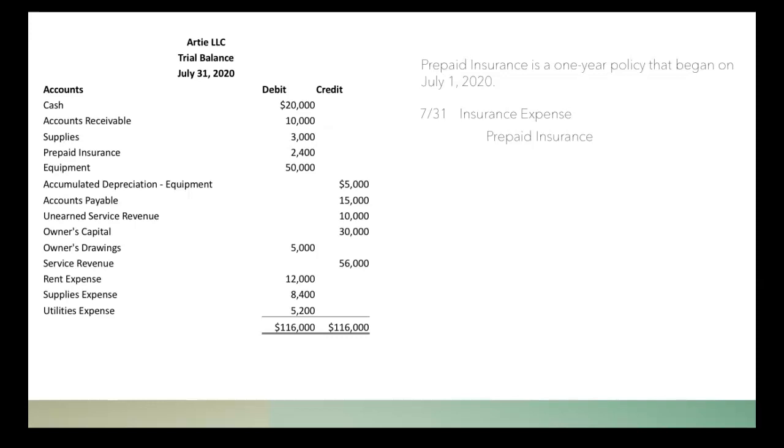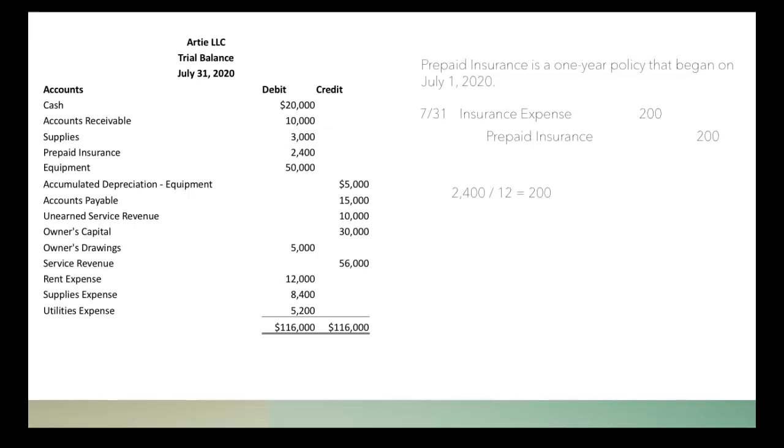Now, how do we figure out the number here? Well, we take a look at the balance in prepaid insurance, and we see that it's $2,400. And we know that that's a 1-year policy. And here we're recording an adjusting entry for just 1 month. So what we do is we take 2,400 divided by 12 for 12 months in a year, and we see that each month we're going to expense or chip away at the balance of prepaid insurance by $200.